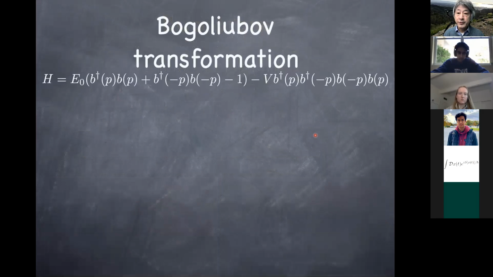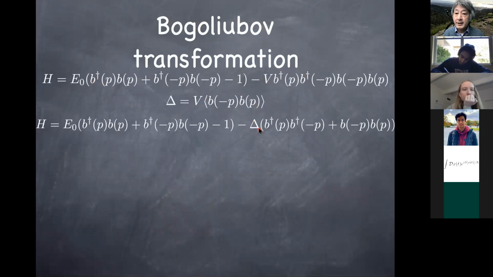Namely, that Bogoliubov transformation to diagonalize the Hamiltonian of this form, b dagger b dagger and bb, in addition to b dagger b. You look at the size of this condensate of this bb operator, and that actually turns into just delta.